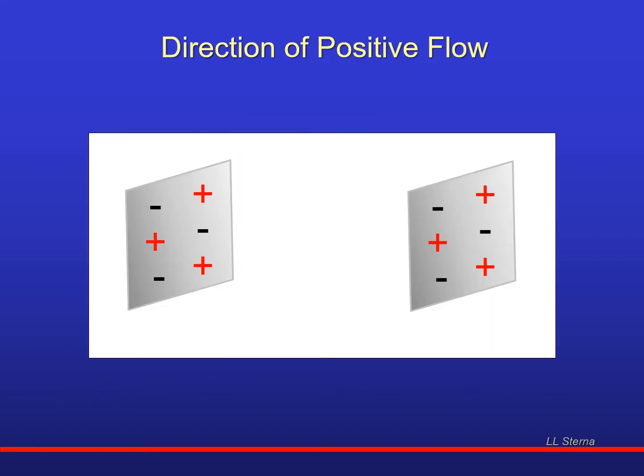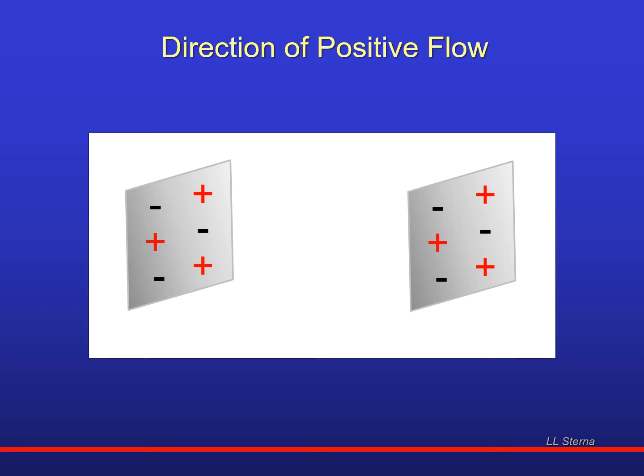Here's a picture I've shown previously when we talked about capacitors. I'm going to show it again just to emphasize the point. We have two metal plates. Both of them are neutral. Both have 3 negative, 3 positive. Now, of course, in reality, you'd have a vast number of nuclei and electrons making up a metal.